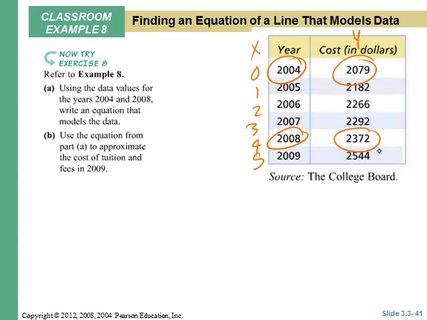So our slope is, the denominator is 4 minus 0. Numerator is 2372 minus 2079. Denominator is 4, that's easy. Numerator is 293.